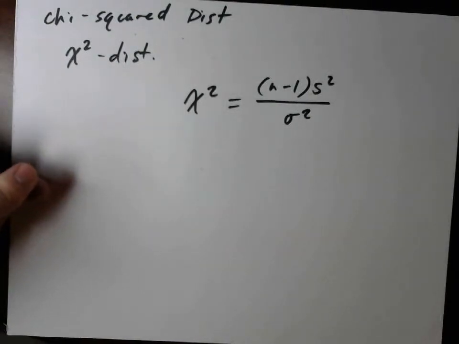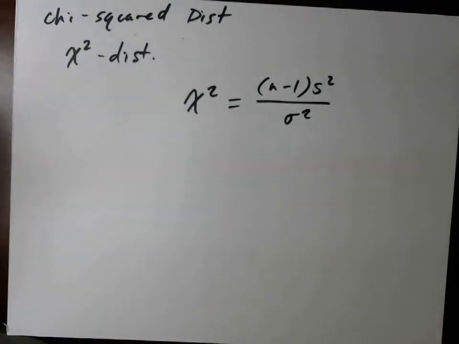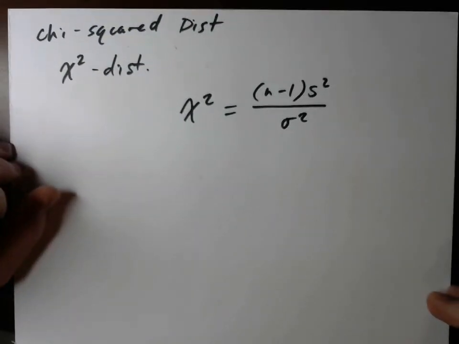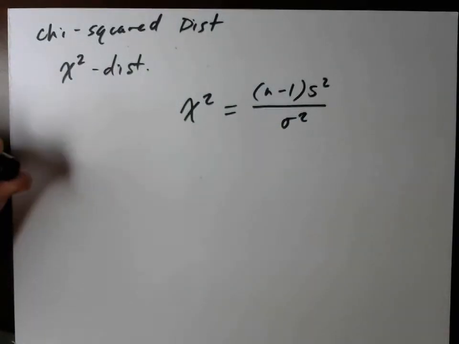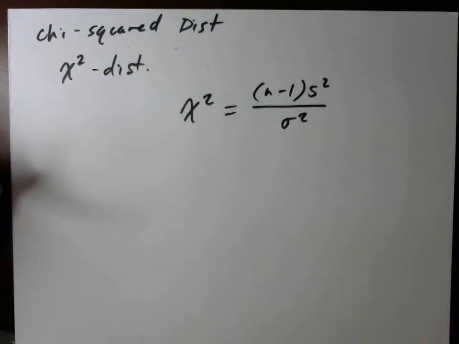So we're going to be dealing with degrees of freedom again, like the t distribution. And so in this case, we're going to be dealing with this equation right here. It's pretty straightforward, the equation. It's not too bad. It's going to be more difficult this term because you're not familiar with it yet, but you will be familiar with it.